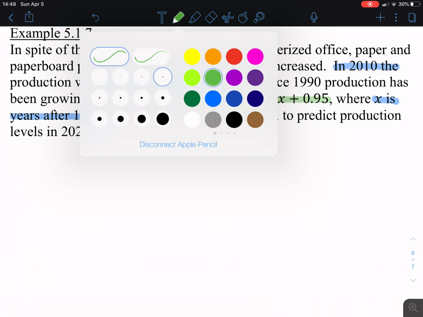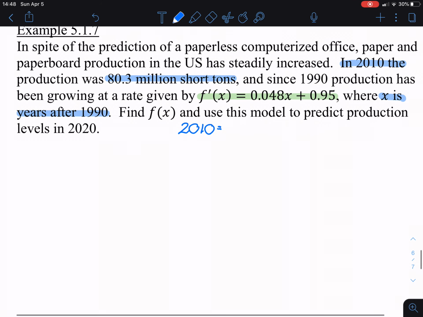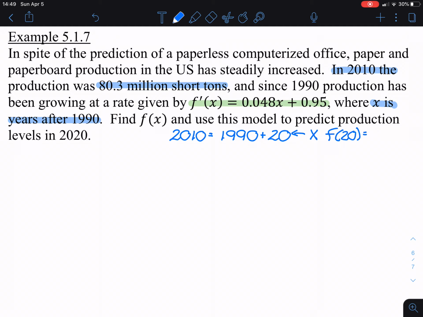So what I know is that 2010 is equal to 1990 plus 20 years. That tells me that x is equal to 20, and f of 20 is equal to 80.3. So I have a point on the function I'm looking for, f of x.